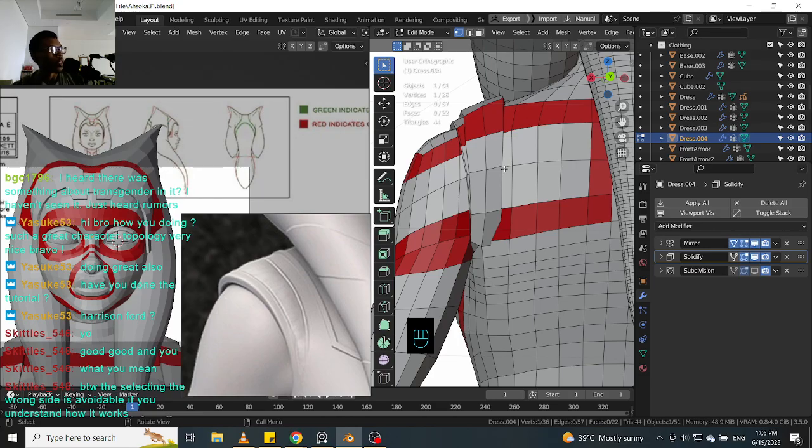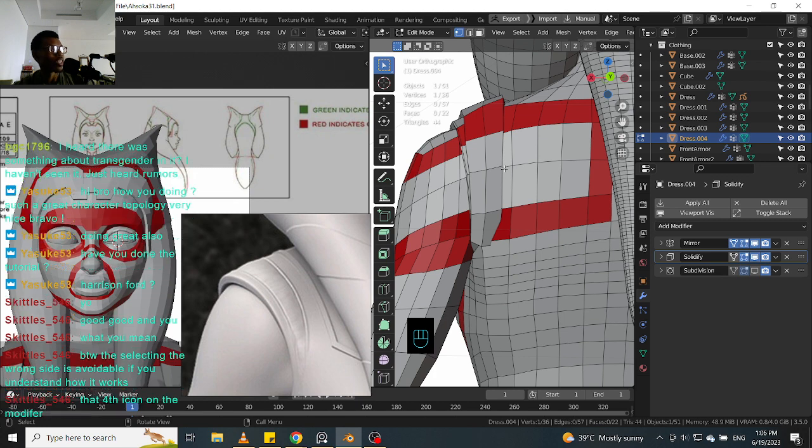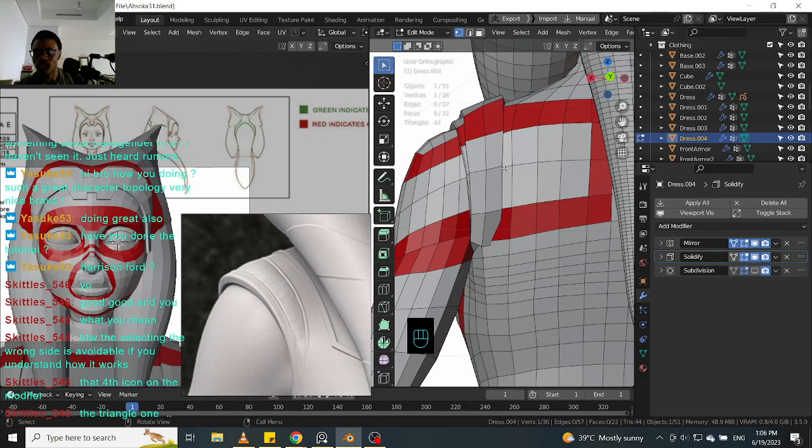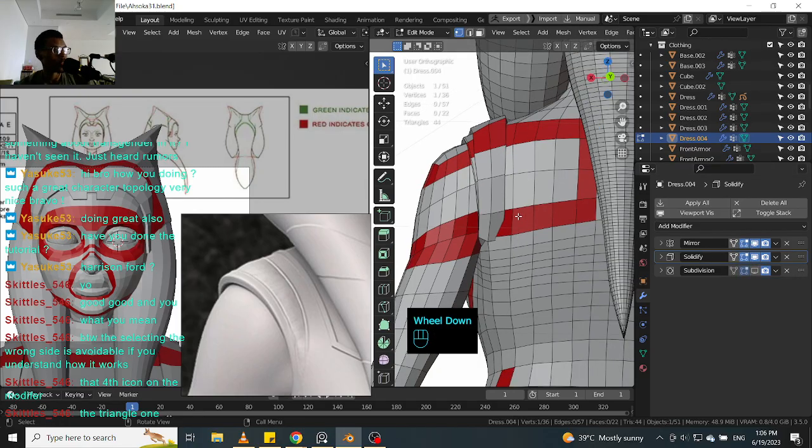By the way, selecting the wrong side is avoidable if you understand how it works. That fourth icon on the modifier, the triangle one, yeah.